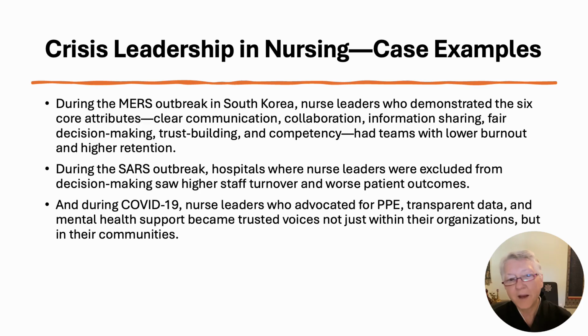It didn't matter that nurses may not have had time to access mental health support. It mattered that the leaders advocated for it. These examples show that crisis leadership isn't abstract. It's measurable, it's consequential, and it's a legitimate focus for doctoral level nursing research.